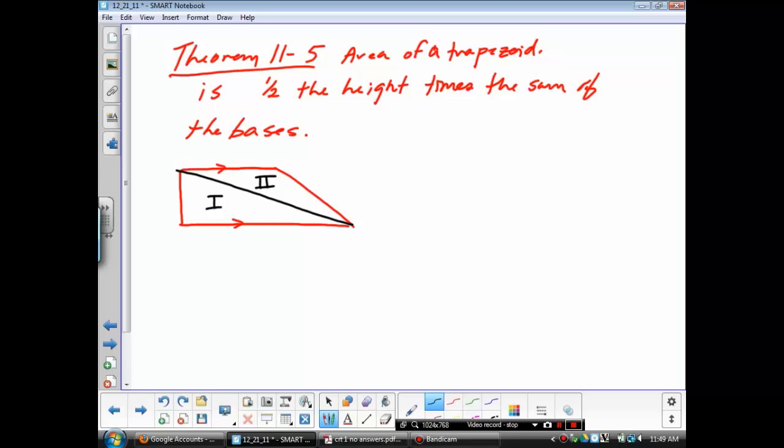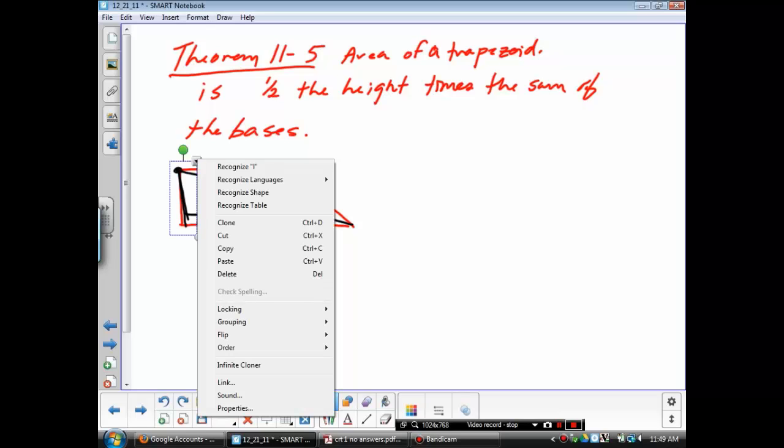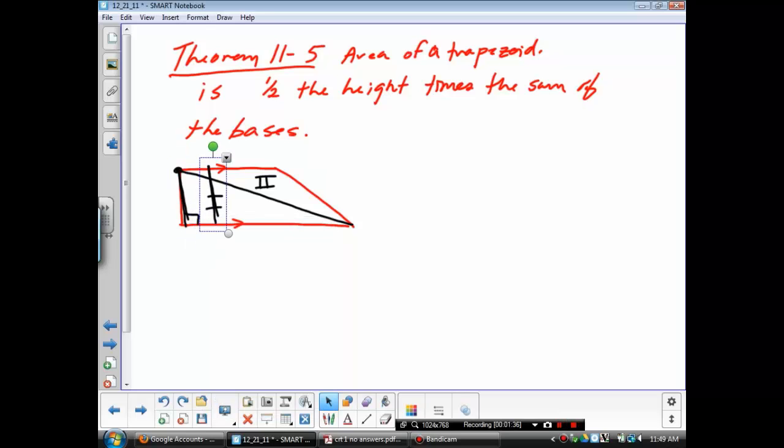If the triangle is acute, the height is inside, and it is perpendicular from the vertex to the base. If I clone this height and move it along here, you notice that this other triangle is going to have that same height. If this other triangle is obtuse, what I have to do is extend that length out.